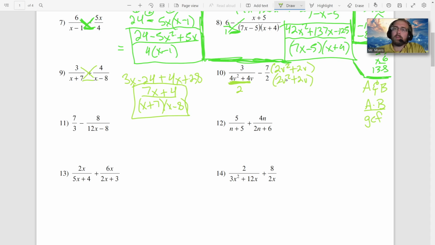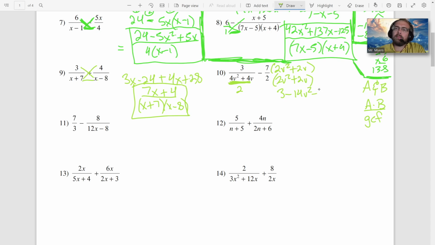Okay, so we're going to multiply by 2v squared plus 2v, and that'll make the denominators equal to each other, because then the bottom will be 4v squared plus 4v. Okay. So I'm going to go ahead and distribute as well. So this is going to be 3 minus 7 times 2 is 14, so 14v squared. Oh, and minus again, actually, because I'm going to be distributing a negative 7.